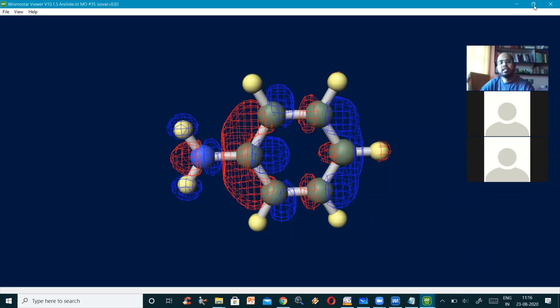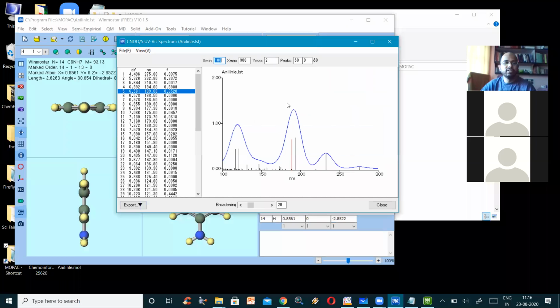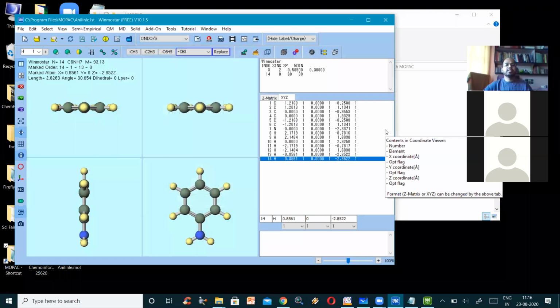So like this you can visualize the results. These are the different orbitals that are given after the calculation of CNDO. It will give you the spectra, and you can draw peaks, click on them and find out those things.